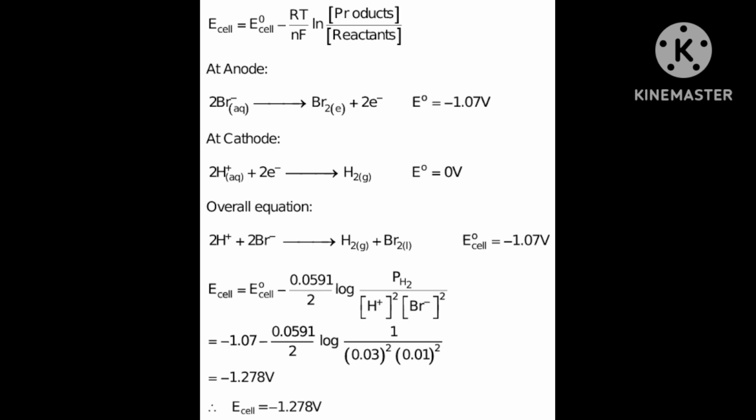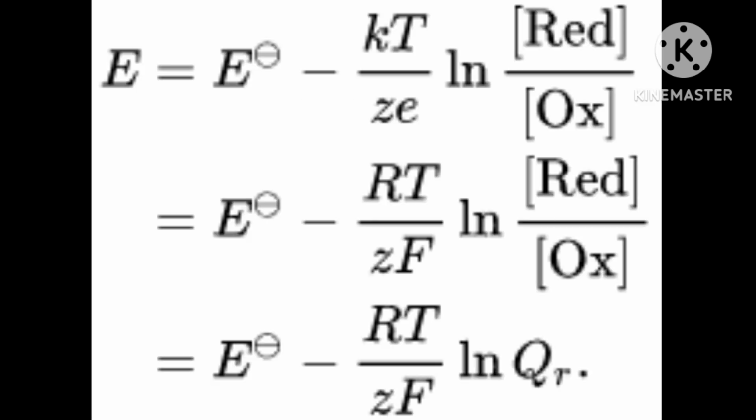Small a and capital A, plus small b and capital B, arrow sign, small c and capital C, plus small d and capital D. Now the general equation is ready. Then here in general you have to write the Ecell. Ecell is equal to standard Ecell minus RT by nF ln Q. Now you write Q, and for the Q what will you write?